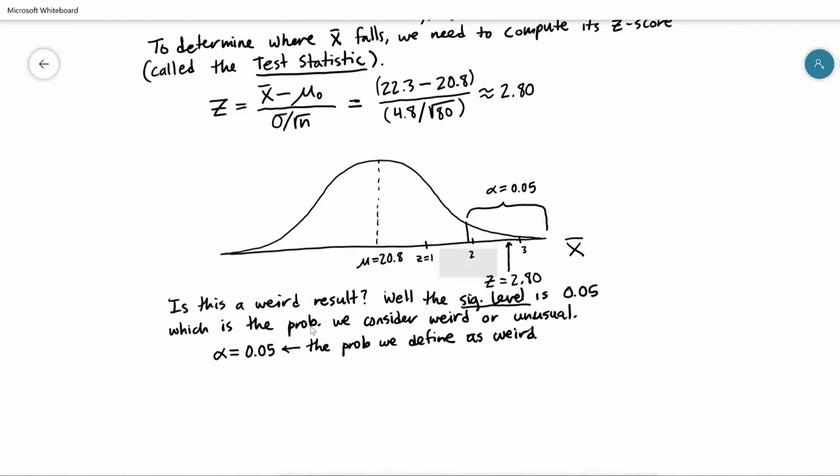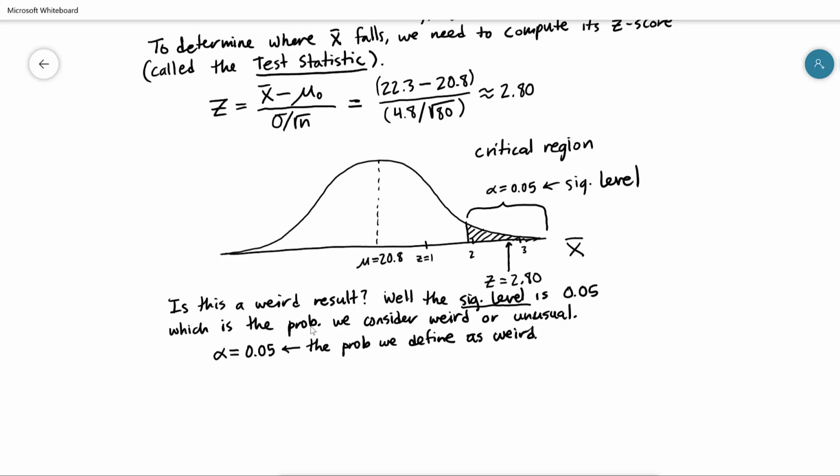This is the region where all our calculations are going to happen. All of our calculations are going to be in that right tail. We call this region the critical region. And it's the region defined by the significance level. That is our significance level.